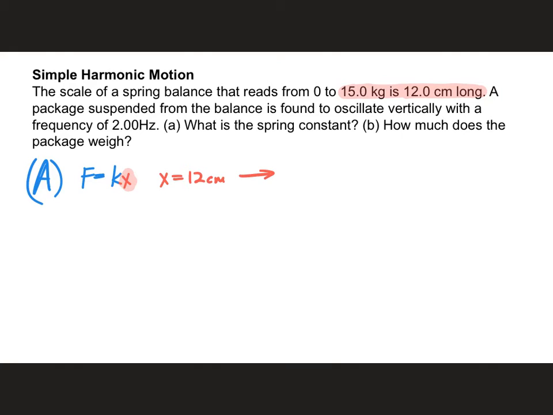Okay? That is going to be associated with the fact that we have a weight, otherwise known as mg. Instead of W, I'm going to use F. We could call it the weight force.